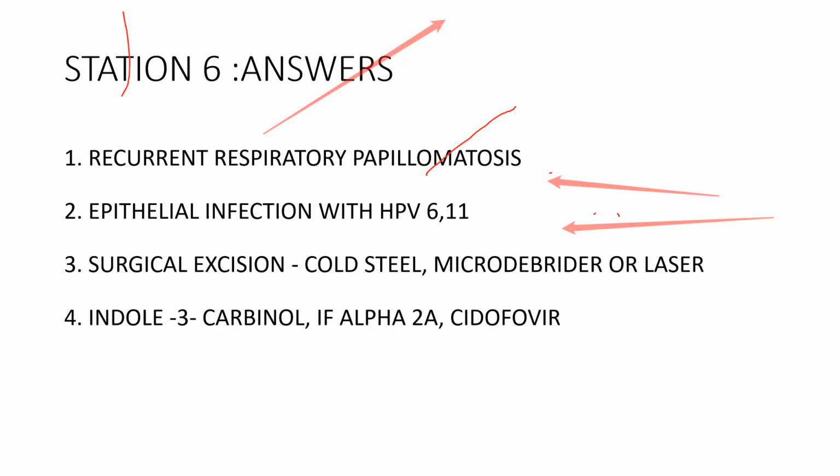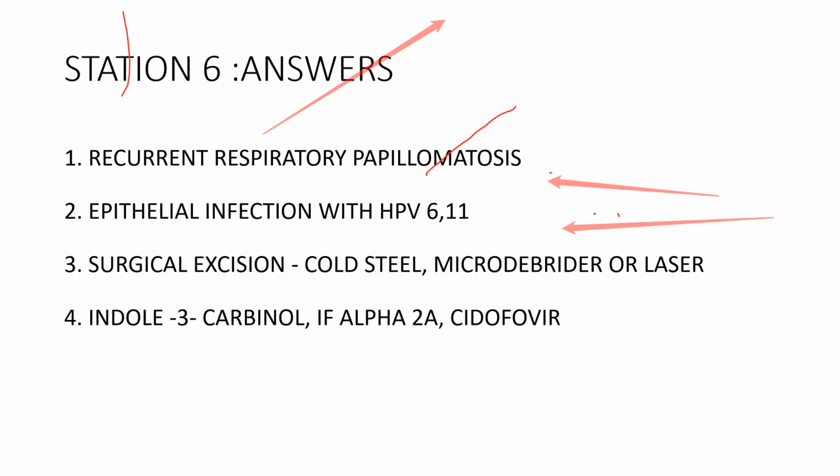So when you are asked about the treatment, one is excision, and then what treatment is given after excision. There are so many papers telling that post-excision intralesional cidofovir injection gives a better result and less recurrence, along with other adjuvant therapy.